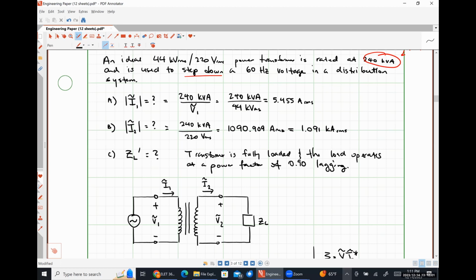All righty, so that was the easy part. Now we've got to figure out what our reflected load impedance is. And what's interesting is that we don't know what our non-reflected load impedance is. So, anybody have any thoughts on how we might figure out our non-reflected load impedance?